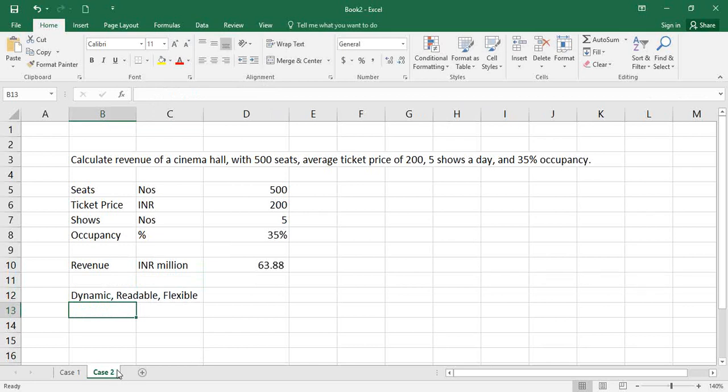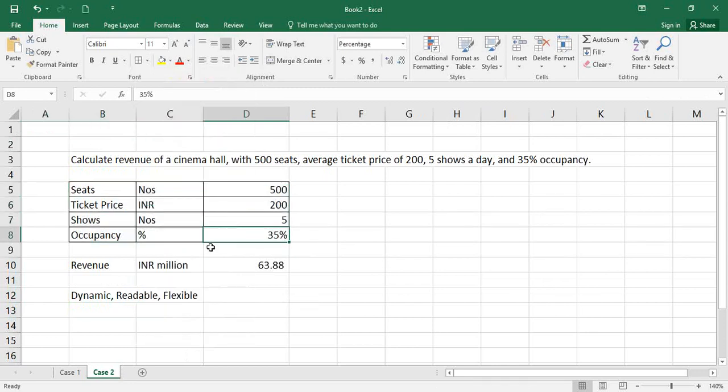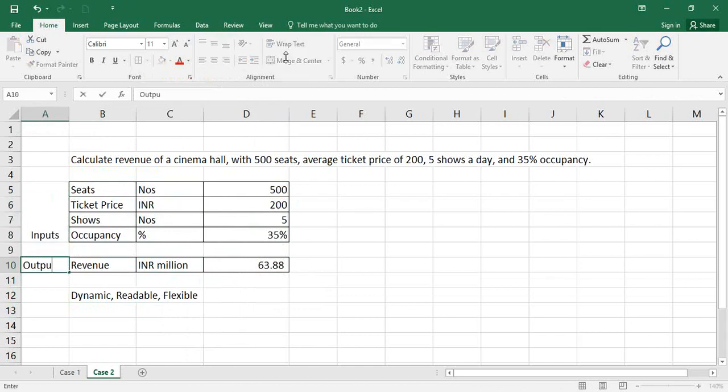It's also always good to put the headers, names, etc. around these, format it well so that people can look at it and they can understand, okay, what are distinct blocks. So this is a distinct block, which is the input segment. If you note this, I can put in inputs here, and this is the output, or this is the calculation, right?